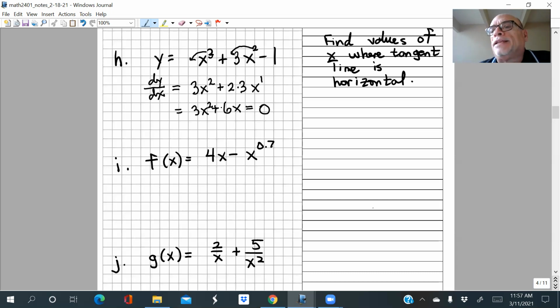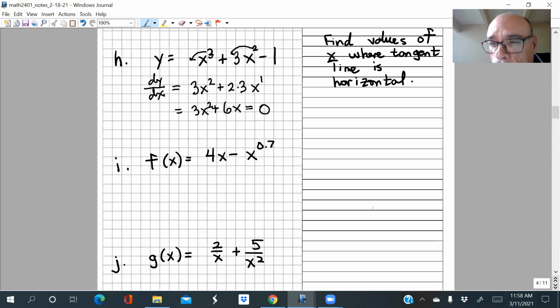By the way, this is interesting. Here's the derivative function, and we're setting it equal to 0. Normally when you set a function equal to 0 and solve that equation, what are you looking for?